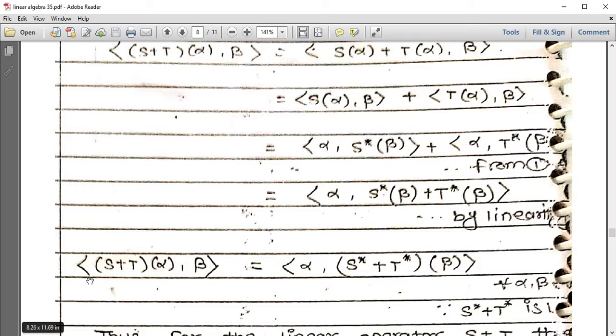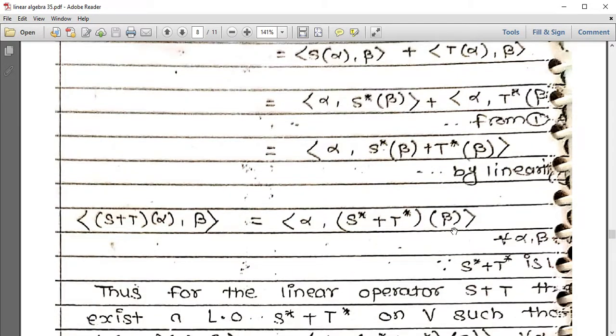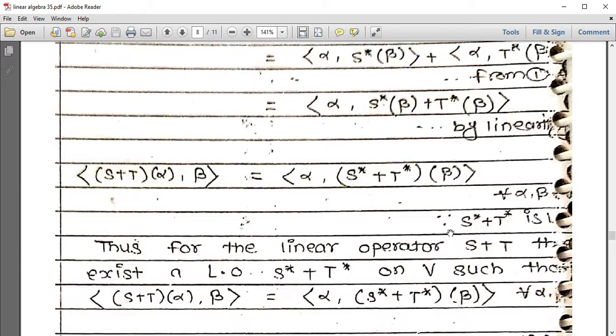Hence, the inner product of (S plus T) of alpha and beta is equal to the inner product of alpha and (S star plus T star) of beta, for all alpha, beta belonging to V. Hence, S star plus T star is a linear operator.